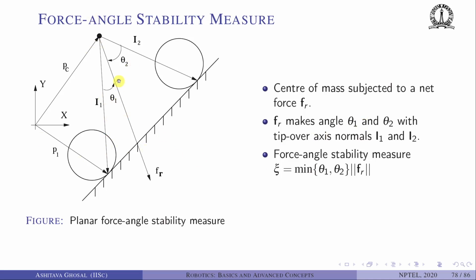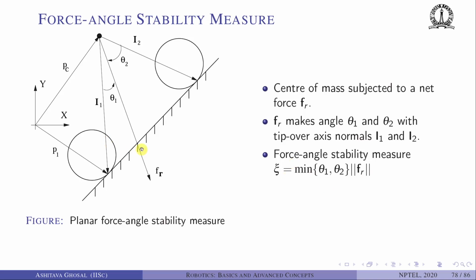So the force angle stability measure tells you that this variable psi is the minimum of θ1, θ2 multiplied by Fr. This psi should have some range of values.